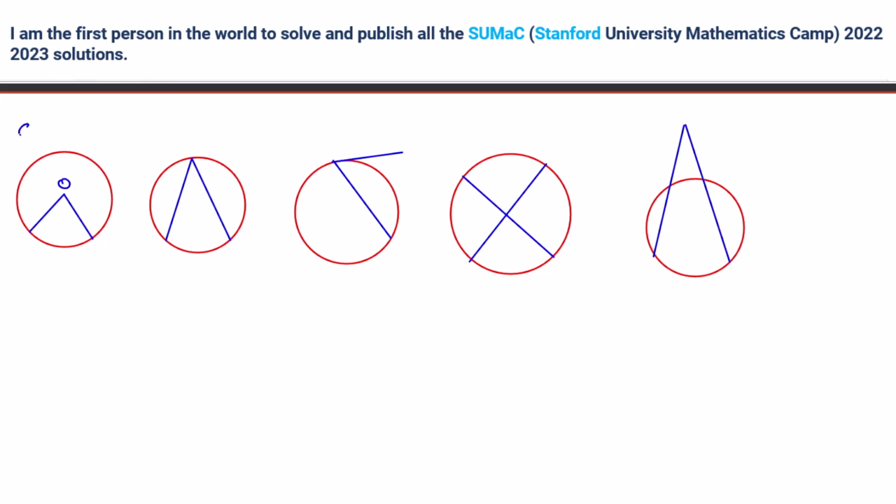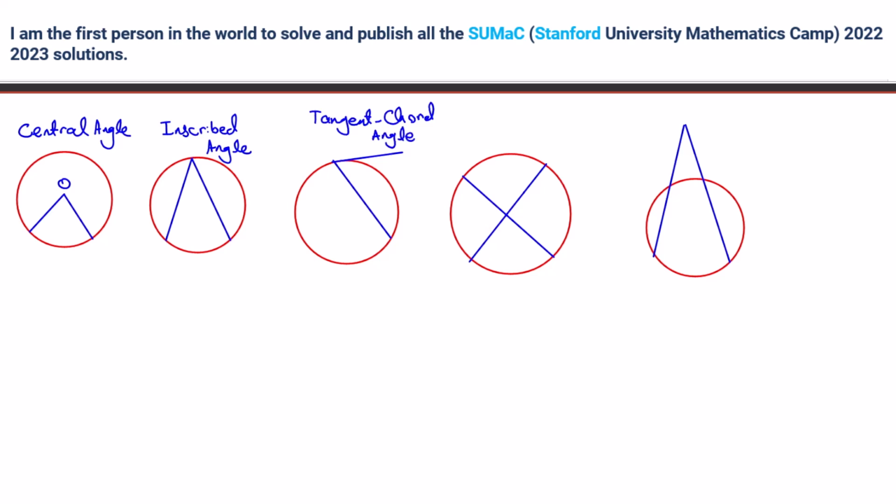So the first one is central. The next one is inscribed angle, central angle. Here it is tangent, this one is chord. This is a special case of inscribed, tangent chord angle.